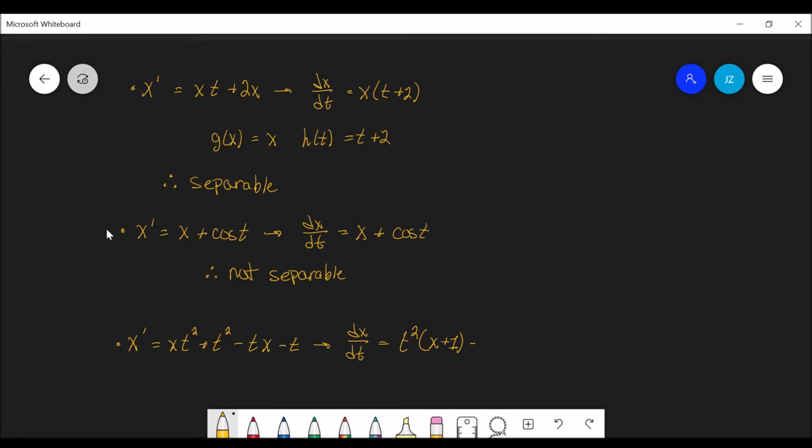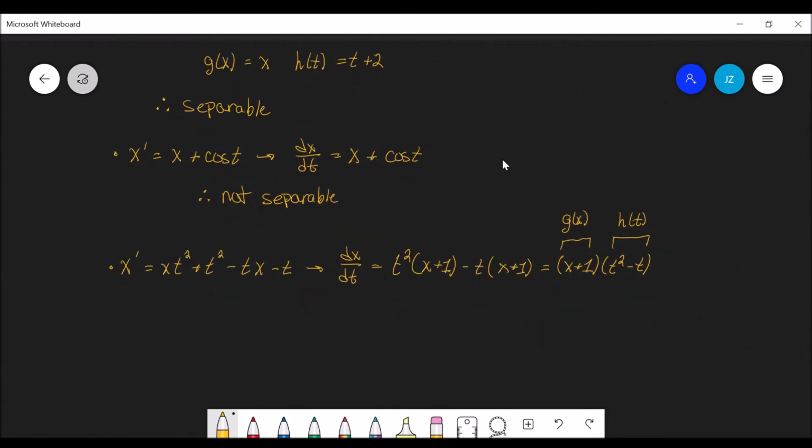We can factor out a negative t from the second two terms, and we're left again with x plus 1. And so we can now factor out an x plus 1 and be left with t squared minus t. If we write this as g of x, and this as h of t, we now have a function of x times a function of t, and hence this is separable.